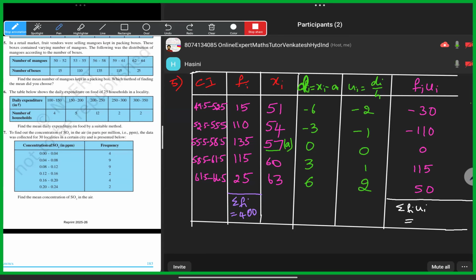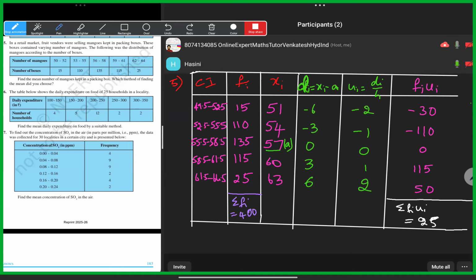Minus 140 and 165, so it's 25. Yes, 25 is correct. So Hasni, now finally we'll use the formula and find out the mean.